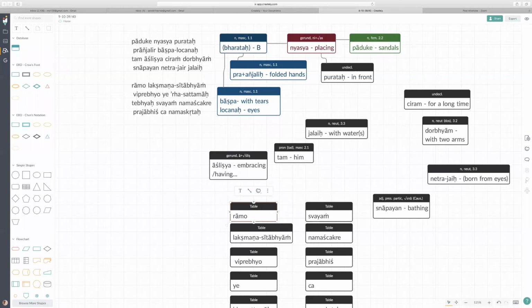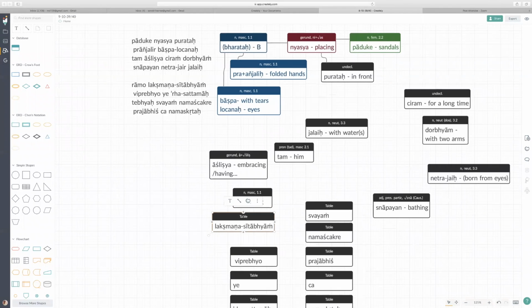Ramaha. Oh no, that's masculine. 1.1. Ramaha, okay, Rama. Lakshmana Sita Bhyam. That's 3.2, noun. Okay, again Bhyam.